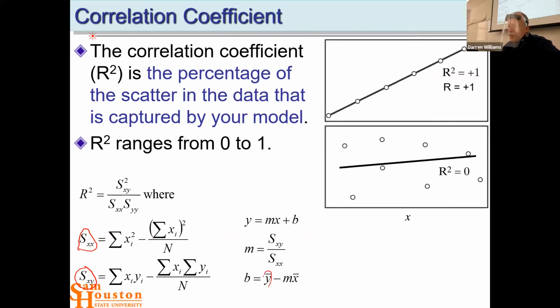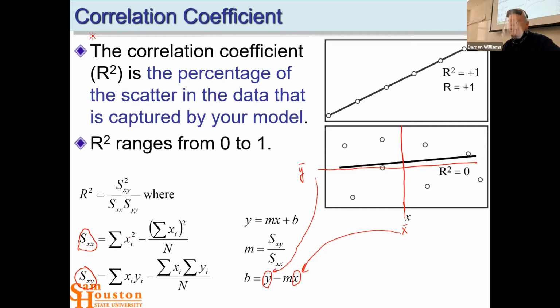This Y bar here is just your average signal. And then the X bar here is just the average X value. So you just take all your X values and average them, and that's X bar. Okay. You take all the Y values and average them, and that's Y bar.